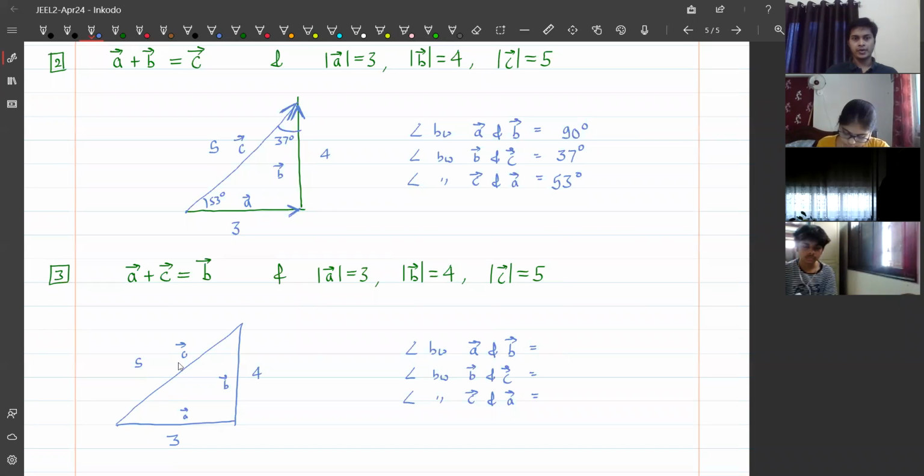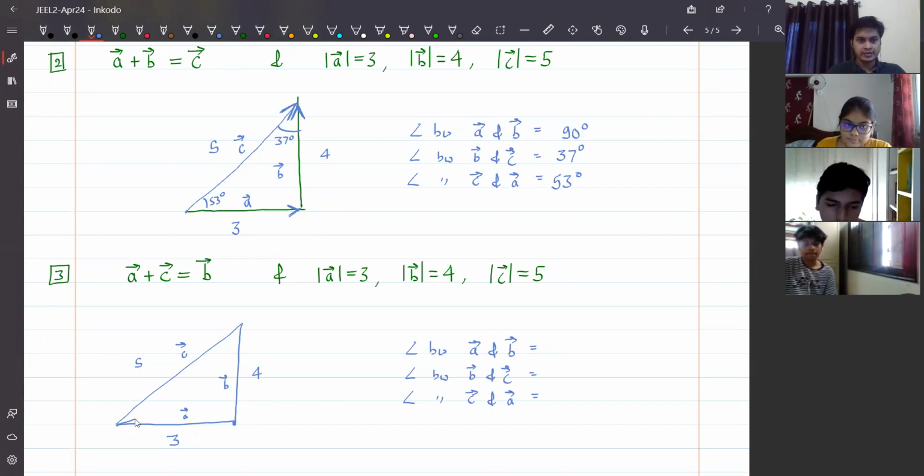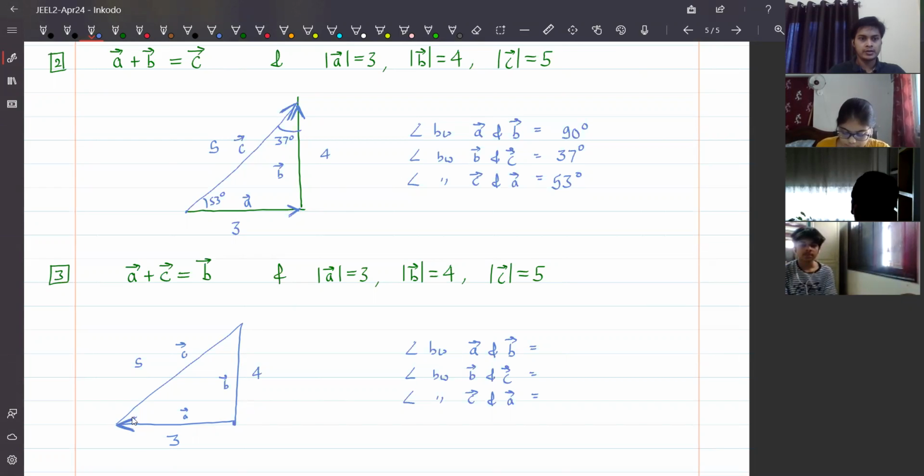If I draw the triangle, it would be like this. And the arrows, A and C are adding up, so I should start from this point. I will make this as A vector, then this as the C vector, and this as the B vector. So A and C are adding up to give B vector.